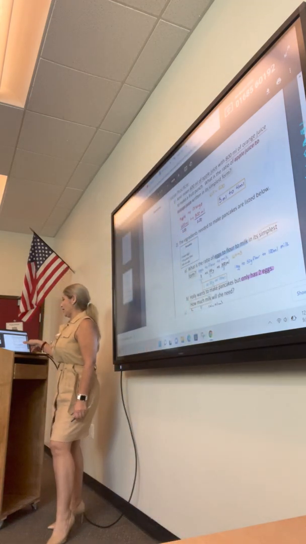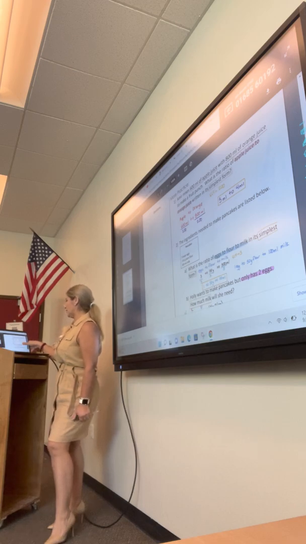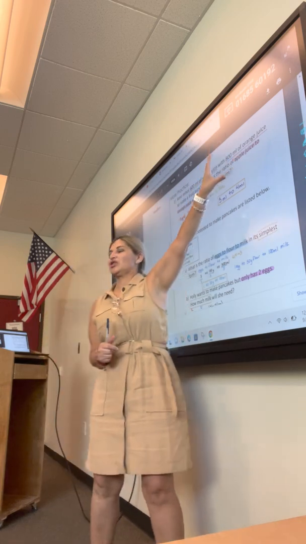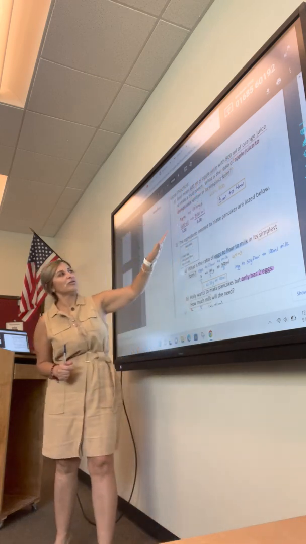Okay, a mom mixes 600 milliliters of apple juice with 800 milliliters of orange juice to make a fruit punch. What is the ratio of apple juice to orange juice written in its simplest form, okay? For these word questions, we are going to write it down like this.